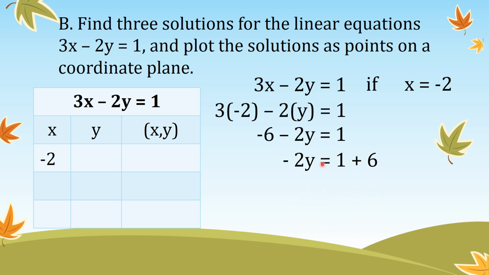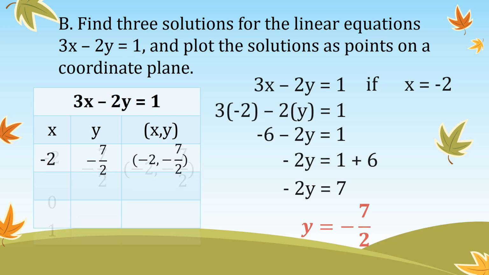Then using addition property of equality, we have negative 2y equals 1 plus 6, because this is negative. And simplifying, we have negative 2y equals 7. Using division, we have y is equal to 7 divided by negative 2, so negative 7 over 2. So our value for y is negative 7 over 2, and our coordinate is negative 2, negative 7 over 2.